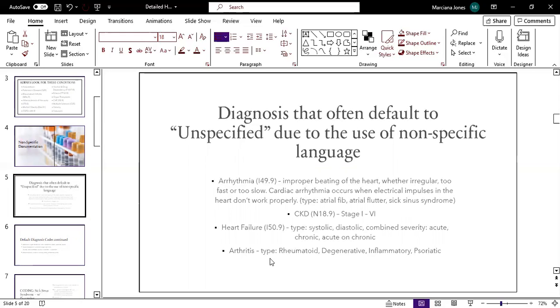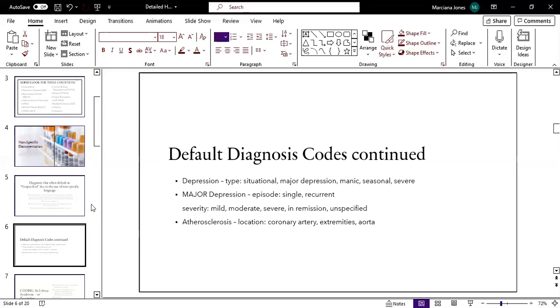So there are different types of arthritis, and we talked about that in another video about specificity, getting down to the specifics of what this person has. So here's rheumatoid arthritis. They can have that. They can also have degenerative arthritis, inflammatory arthritis, and so on. So there are different kinds of arthritis that a patient can have, so you have to be specific.